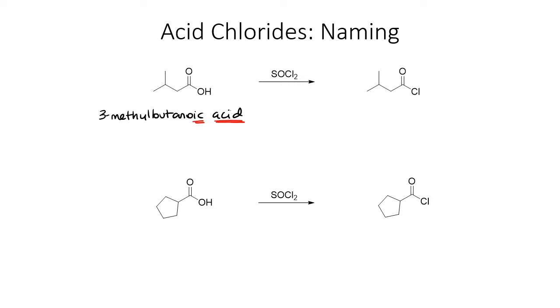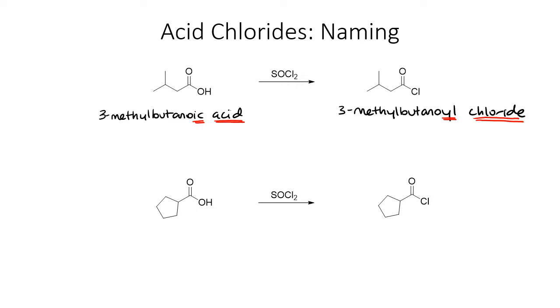So we will end up with 3-methylbutanoyl chloride. And that will be the rule for all names of acid chlorides. You'll just replace the IC and acid with YL and chloride.